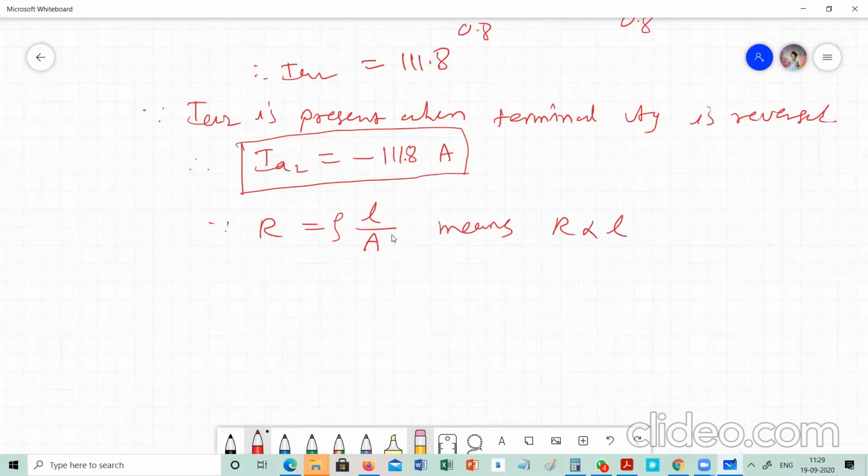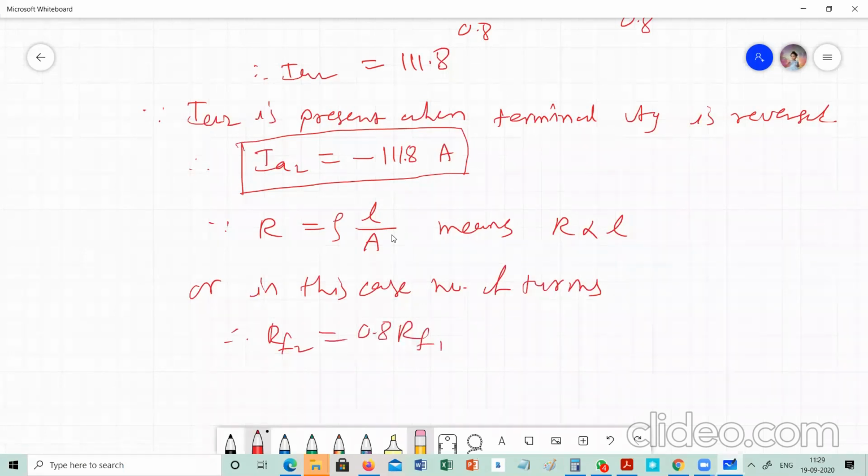Or in this case, number of turns. Therefore RF2 is equal to 0.8 into RF1.